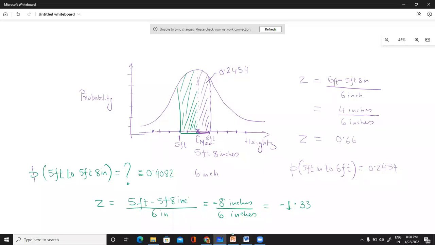You can also find the probability of getting between 5 feet to 6 feet. In that case, you will have to do this process twice. Once mean to 5 feet and a second time mean to 6 feet.